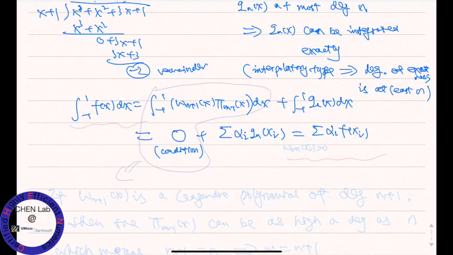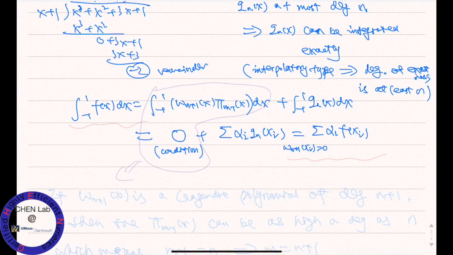So f of xi is equal to qn of xi because omega n plus 1 evaluated at xi gives 0. The fact that you can integrate q exactly means this integral is nothing but the summation of alpha i qn at xi. That's what we mean by degree of exactness.